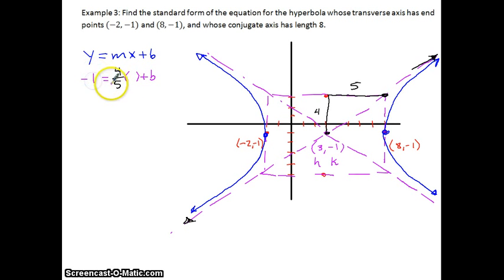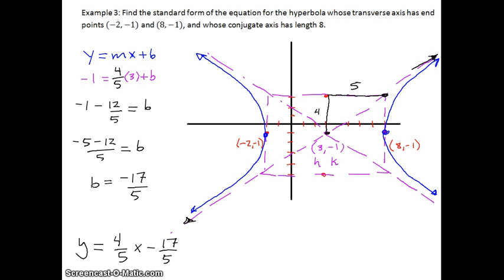When y is -1, x is 3, and I need to solve for b from here. Okay, so I found the equation of that asymptote with the positive slope, and 17 over 5 is 3.4. So my guess would have been wrong if I had guessed -3. We're actually going through at about -3.4.